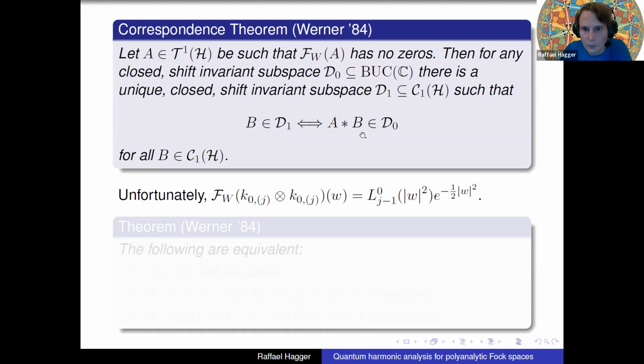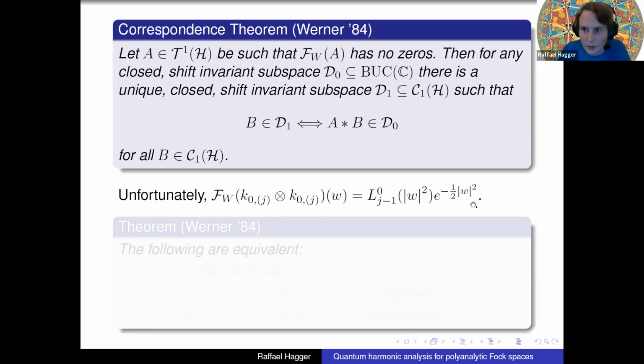Because when we want the Berezin transform here, right? We would need to take for A this operator here. So this would have to have no zeros in order for this theorem to be applicable. But then you realize, well, if you take the Fourier-Weyl transform of this, you don't just get the exponential, but you get a polynomial times the exponential.